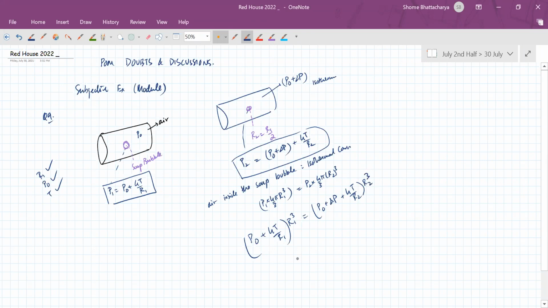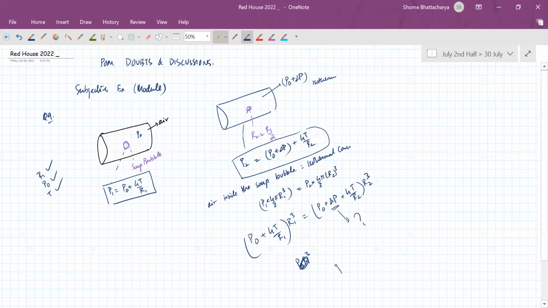Okay. Now, what we have to do is find the delta P, how much the pressure is increased by. So we just have to calculate that delta P from this.